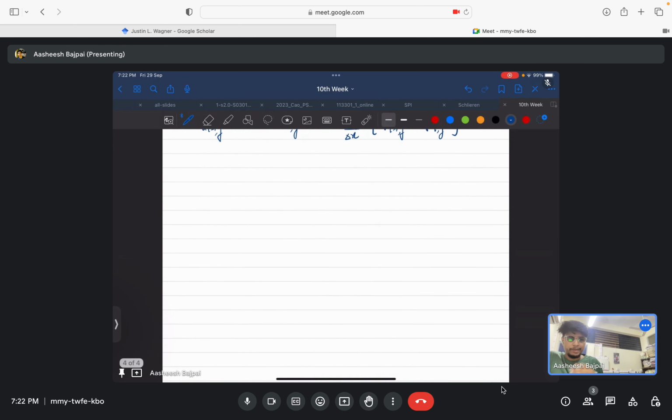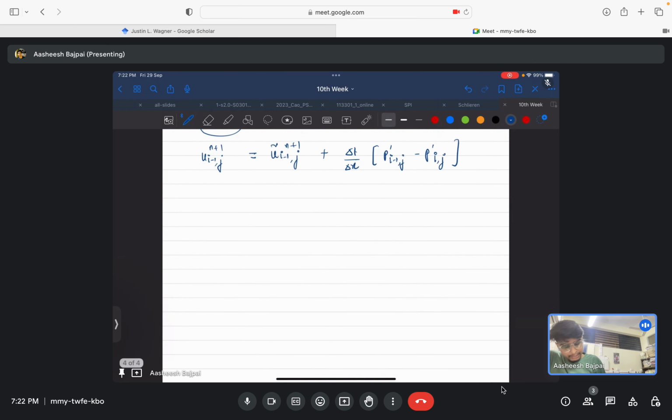Third equation, when we apply this to the v in the vertical direction, this v i j at n plus 1 will become v tilde i j at n plus 1 plus delta t by delta x. One thing will change. This i will not move forward. Here we will move forward in the j direction.